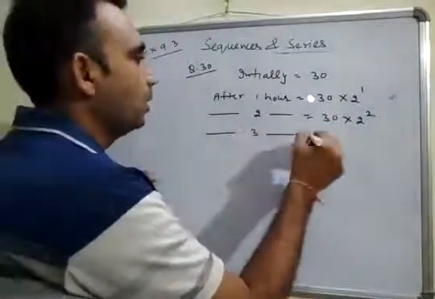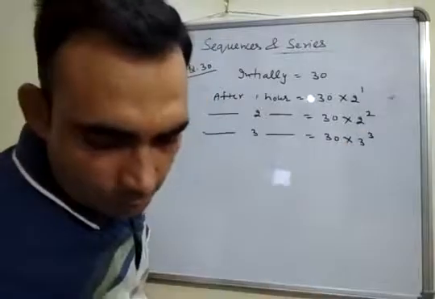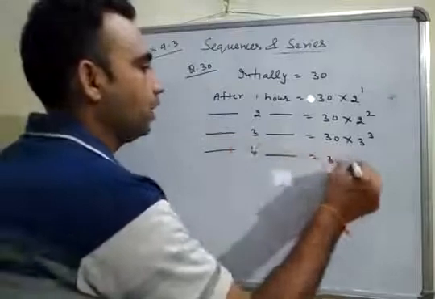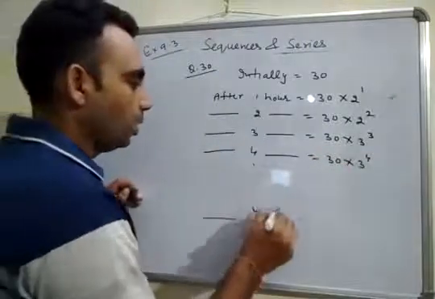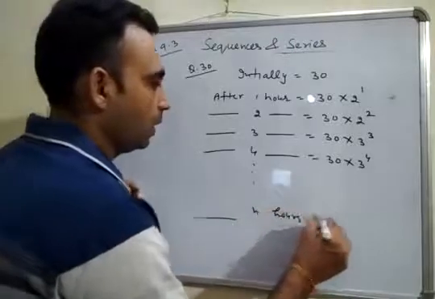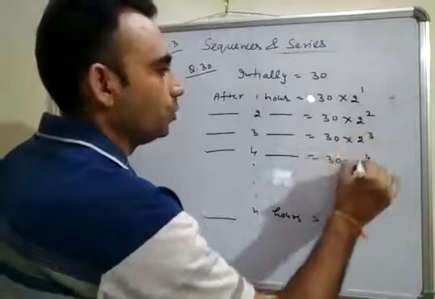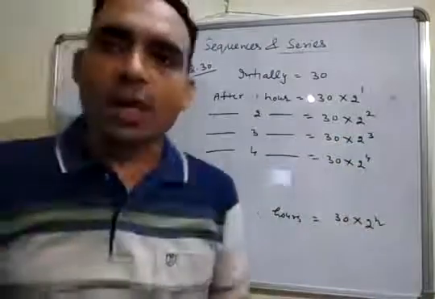After 3 hours, 30 into 2 to the power 3. After fourth hour, 30 into 2 to the power 4 and so on. After n hours, number of bacteria 30 into 2 to the power n.